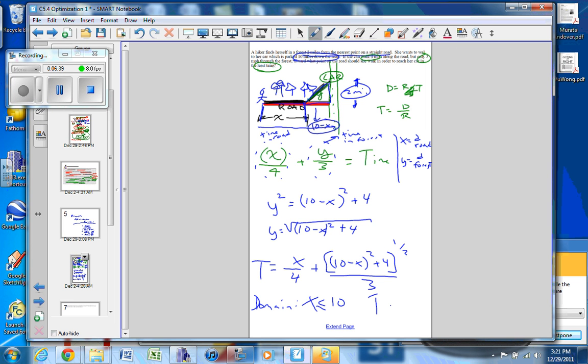Oh, sorry, that's not the time. Careful, that's the distance in the x direction. That's this distance here. So x should equal 7.73. So after we've walked 7.73 miles, that's when we should cut in.